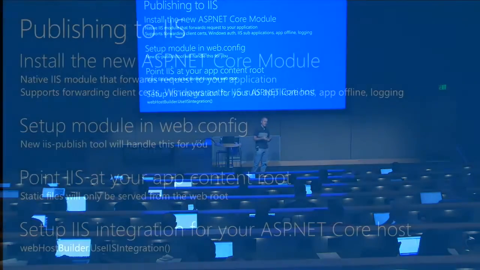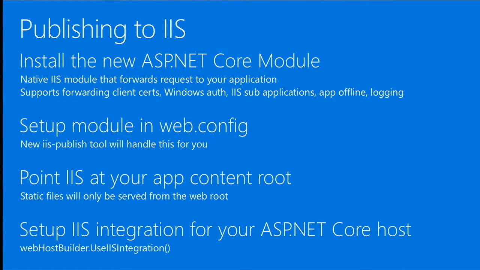To set it up, you do that in web.config. So in your web.config file, you need to specify that the module should be there and specify what process it should start. For .NET Core apps, that's going to be dotnet.exe. For full desktop applications, that will be whatever your app exe, the actual Windows exe that you built for your application. You can set up that web.config manually, or we have a tool actually that can help you.